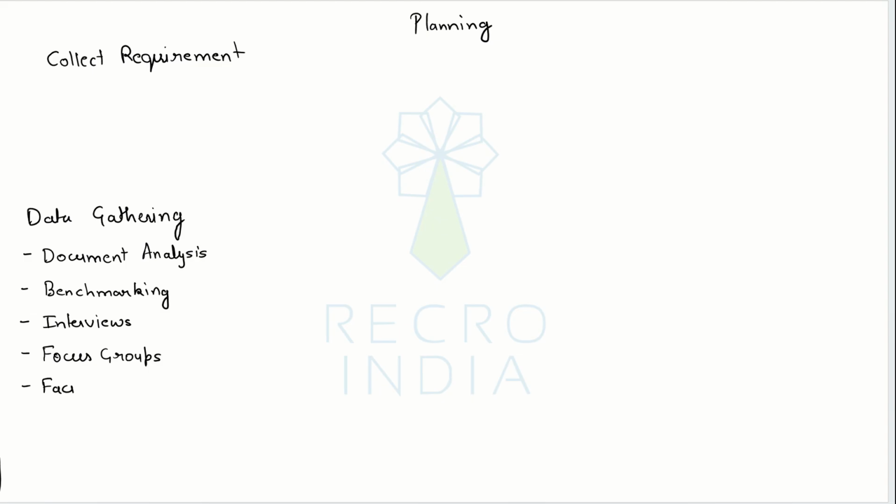Then you can also run facilitated workshops. The objective of a facilitated workshop is to cover requirements from a cross functional point of view. So now, instead of just focusing on one group, you're bringing multiple groups together, multiple specialities together.